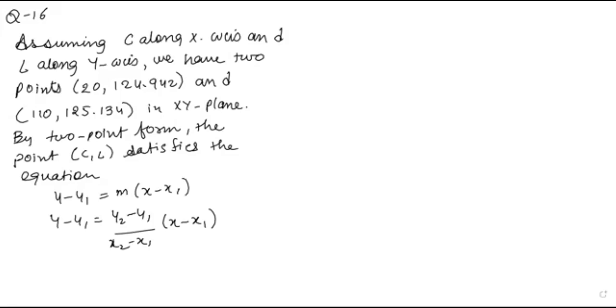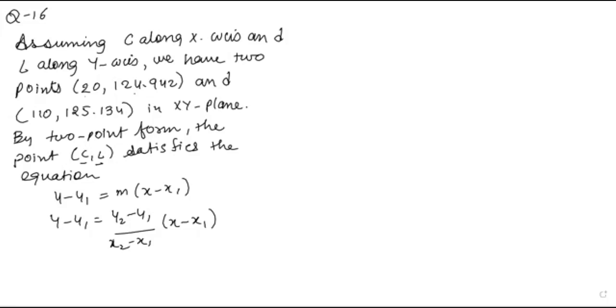So here we will take y as L, x as C. The point (20, 124.942) will be my (x1, y1), whereas (110, 125.134) will be my (x2, y2).